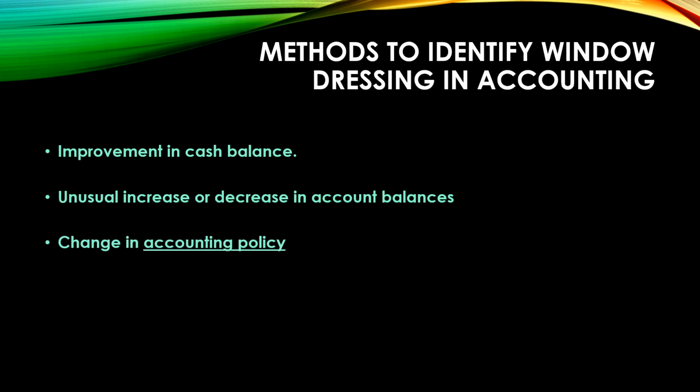Furthermore, they can see if there are any changes in accounting policy during the year, like changes in inventory valuation from FIFO to LIFO or weighted average, or depreciation methods such as reducing balance shifted to straight line or accelerated depreciation, etc. So these will provide clues of window dressing.